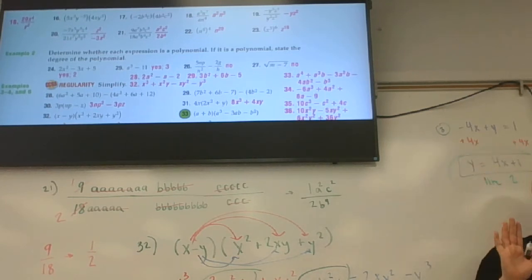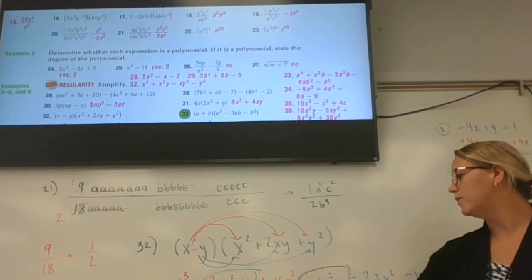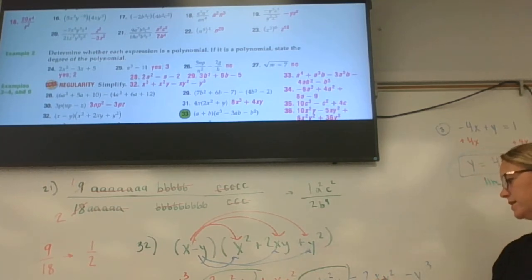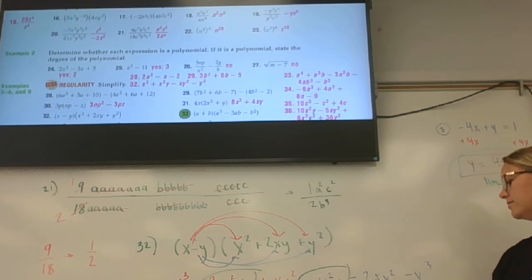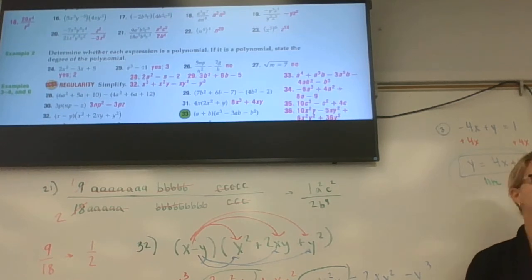Nothing changes but the number in front, the coefficient. Now I got 1xy squared minus 2, leaves me with a negative 1, minus y to the third. Any other questions with that big distribution and all those powers?